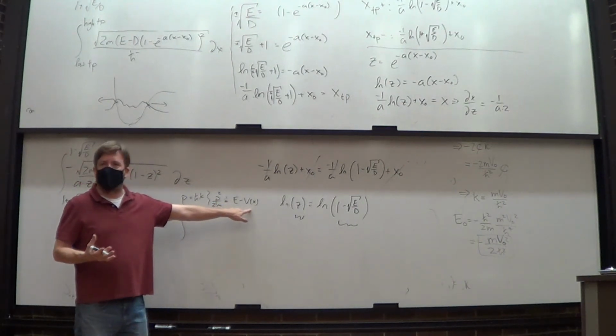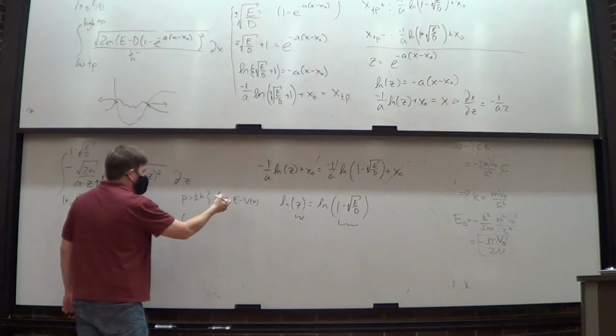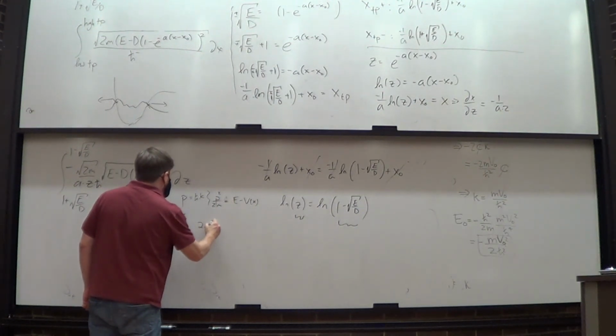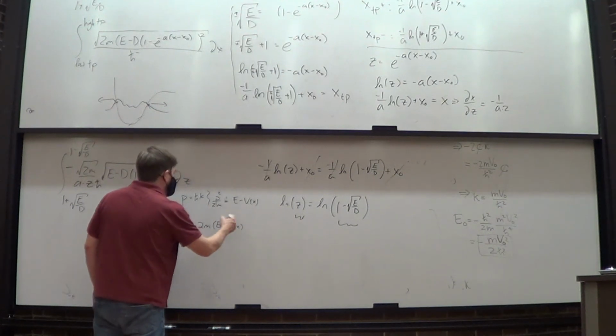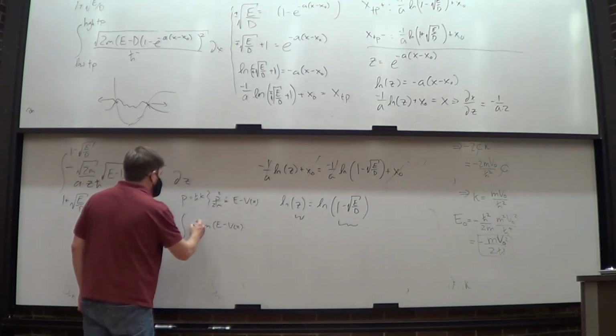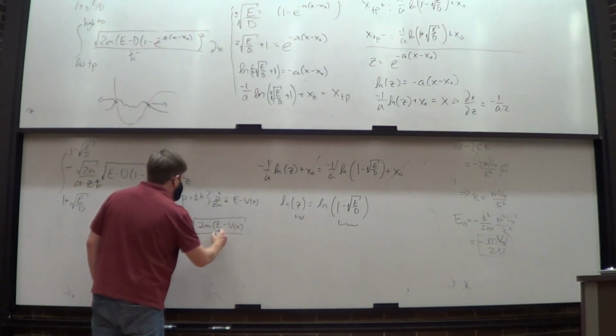The total energy minus the potential is the kinetic. So P is the square root of 2m times E minus V of x. To get to K, you just divide that by h bar.